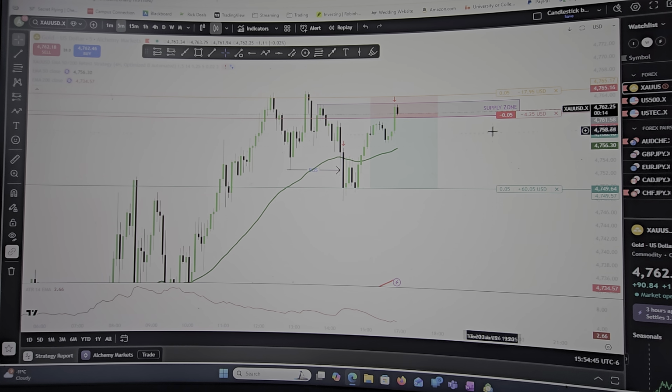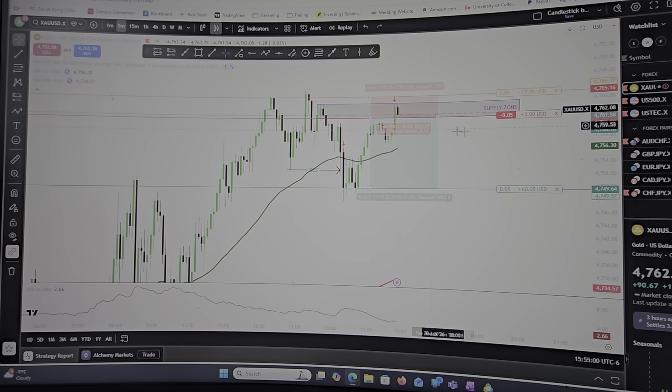And so I had an aggressive entry on a retest of the zone. As you saw, I had a sell limit order on the retest of that zone, and when it got there, we got entered into the order.